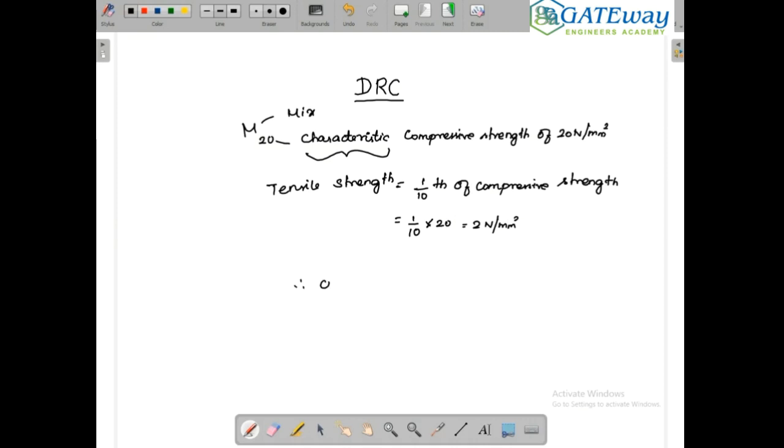Therefore, compressive strength is greater than tensile strength. Therefore, concrete is a compressive member.